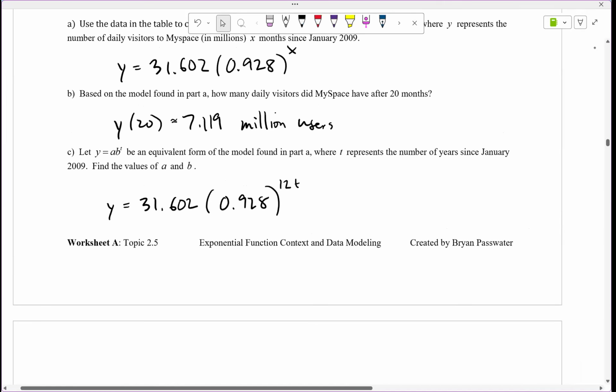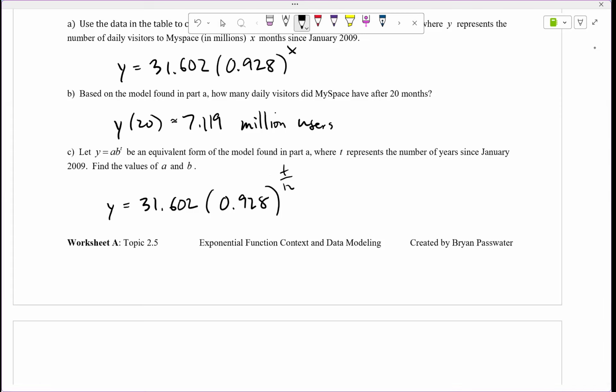So if we put a 1 here, would that be the same as putting 1 year? It'd be 12, wouldn't it? Yeah, it's 12. If you were to try to do something like what we did before, if you try to do T over 12, it's just not a match.